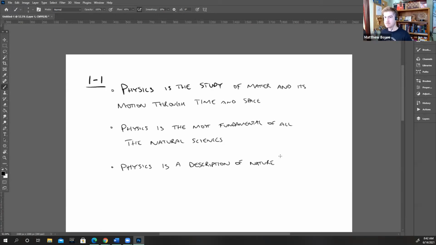Physics is a description of nature and surroundings, your observations, all of this, which uses mathematics to be as exact as possible.